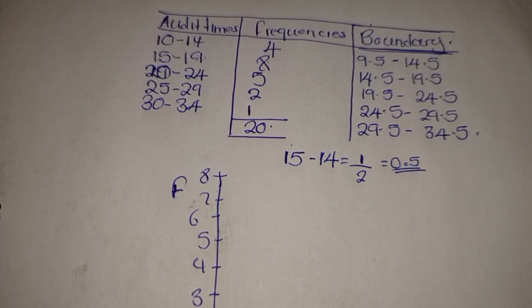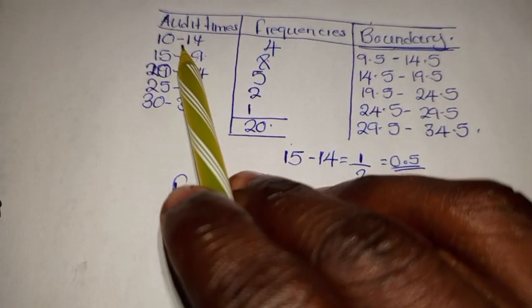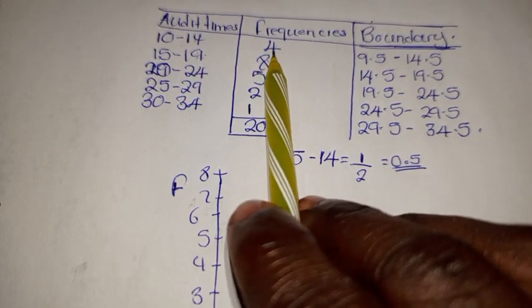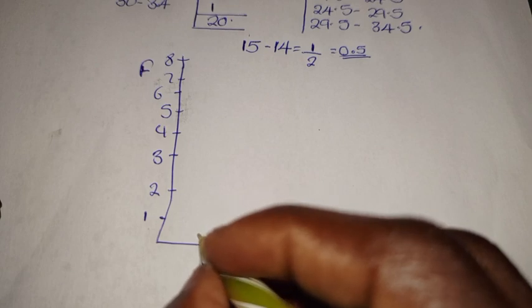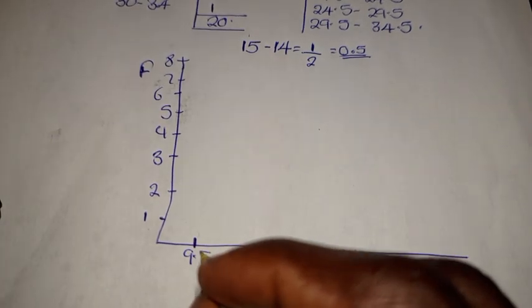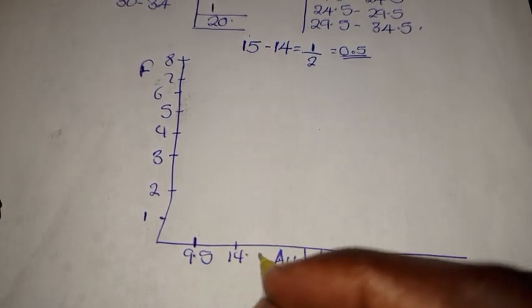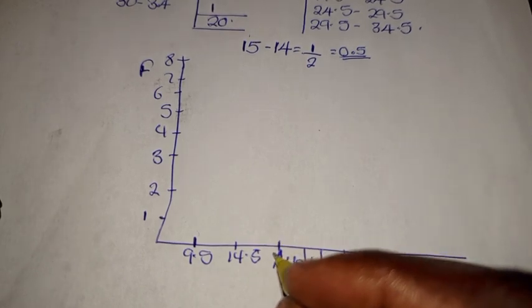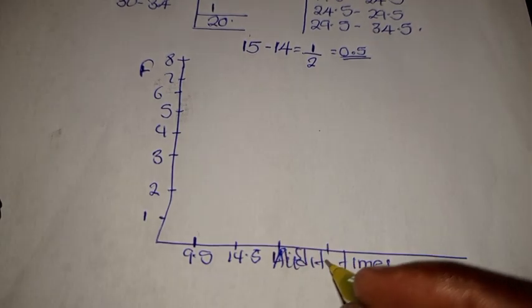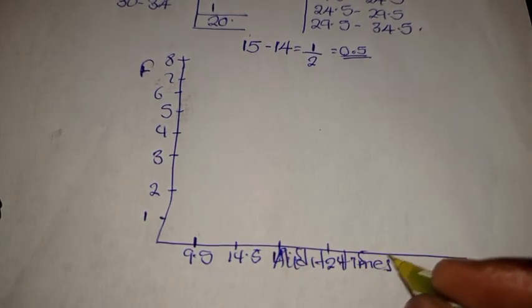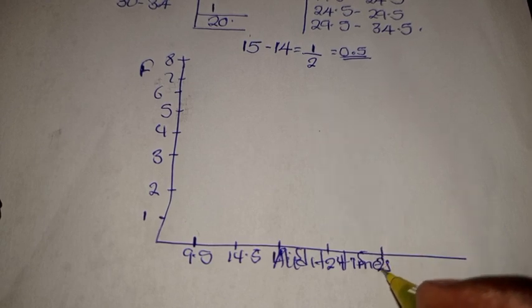The first class has the frequency of 4, and the boundaries from 9.5 to 14.5. So let's say 9.5, 14.5, we have 19.5, we have 24.5, we have 29.5.